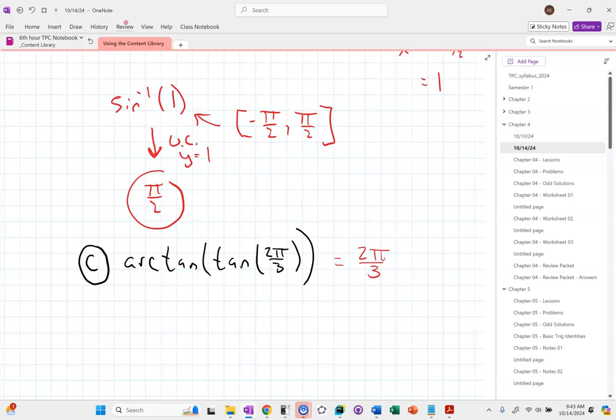You'd want it to work that way, right? Unfortunately, that's not the correct answer. The reason is the fundamental range for tangent is negative pi over 2 to positive pi over 2. And 2 pi over 3 is not in there.